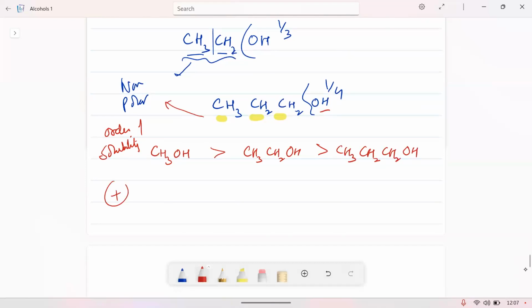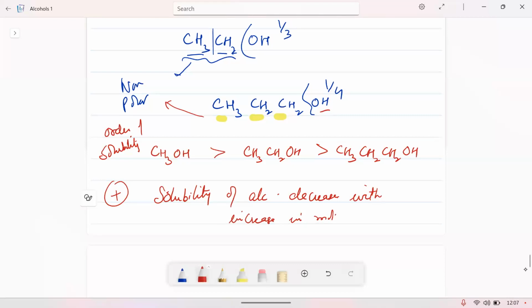So you can say the solubility of alcohol decreases with increase in molecular mass.